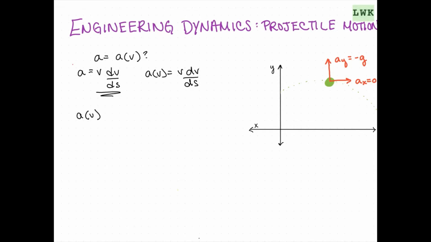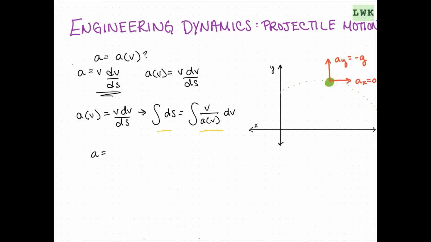Now that expression is pretty powerful because that lets us rearrange to ds equals v over a of v dv. So that gets all of our variables on the right side, and that will let us integrate both sides respectively. On the left, we're going to be integrating with respect to s, and on the right, we're going to be integrating with respect to v. So that will give us an expression for the position as a function of velocity.